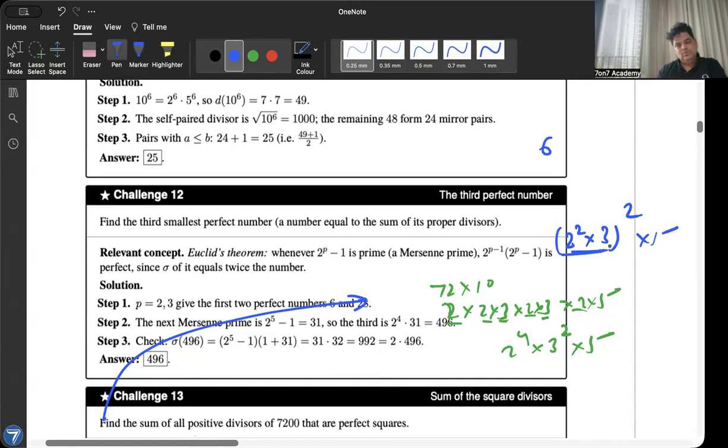Those 6 factors are like 1, then 2, then 4, then 3, and then 6, and then 12. If you square them, then the perfect square divisors are going to be 6, I think.